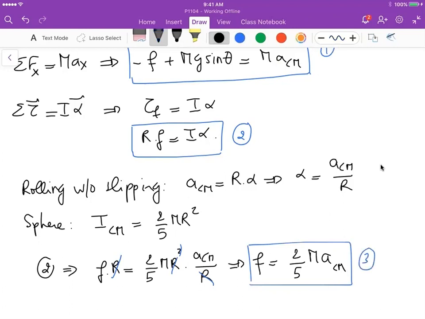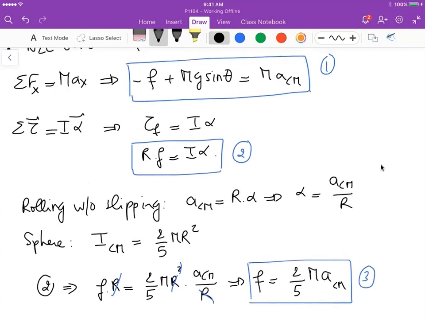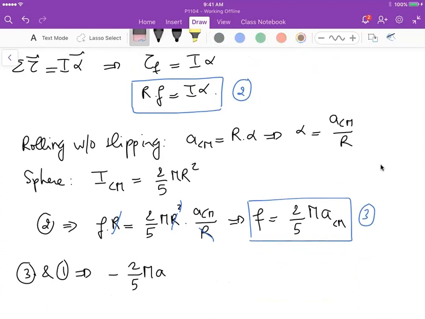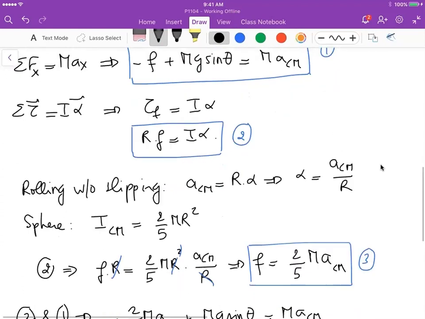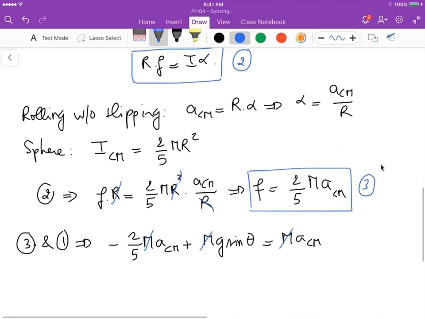نجي نعمل substitute لل expression of f بالايكويشن 1 بيطلع معنا فإذا 3 and 1 we can deduce the following minus 2/5 m a center of mass. فإذا بنحط محل ال f بنحط قيمتها اللي هي بالايكويشن 3 plus mg sin theta equals لل m a center of mass. okay and now we can كمان already we can reduce the factor m بكل المحلات. بقى نجمع ال a center of mass 1 plus 2/5 بيطلع معنا 7 over 5.